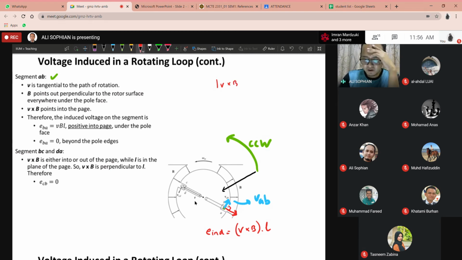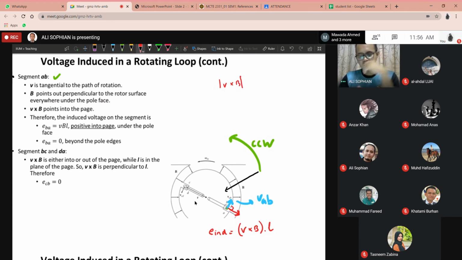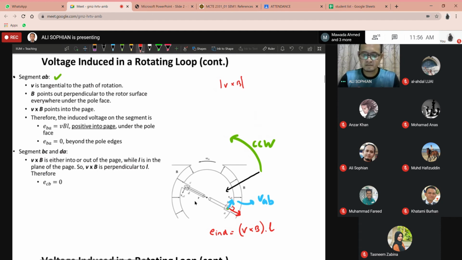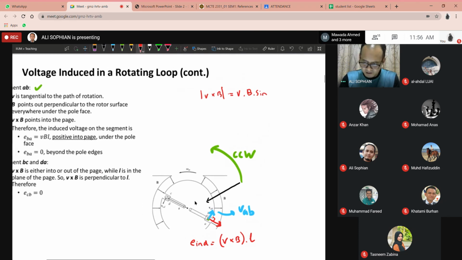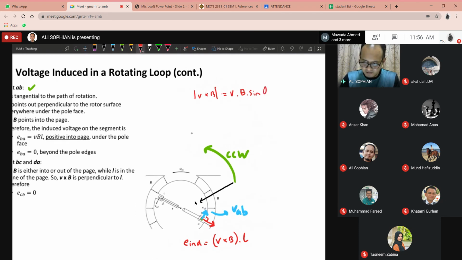The magnitude of V cross B is V times B times sine theta. I'm talking now about the magnitude, not the vector. Let's just use theta, and theta is 90 degrees.